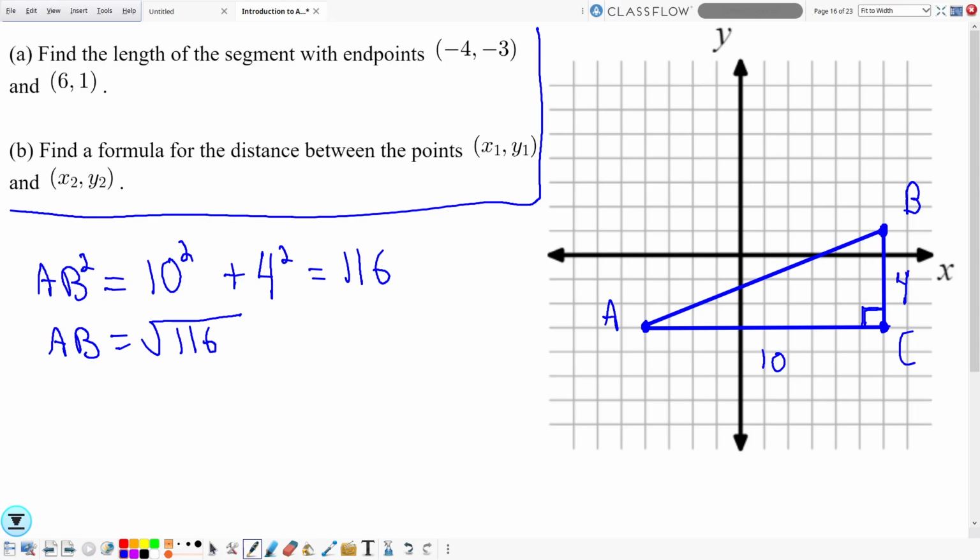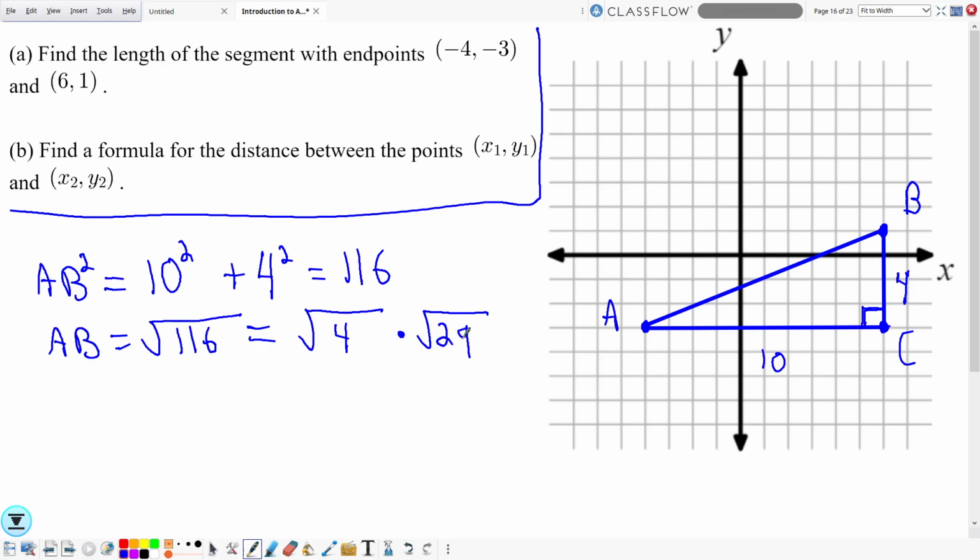So, I can take this 116 and divide it by, well, the first perfect square is 4. So 116 divided by 4, does that give me a whole number factor? Yes, it does. So 116 is the same thing as 4 times 29. Now, 29, you're not breaking down anytime soon.